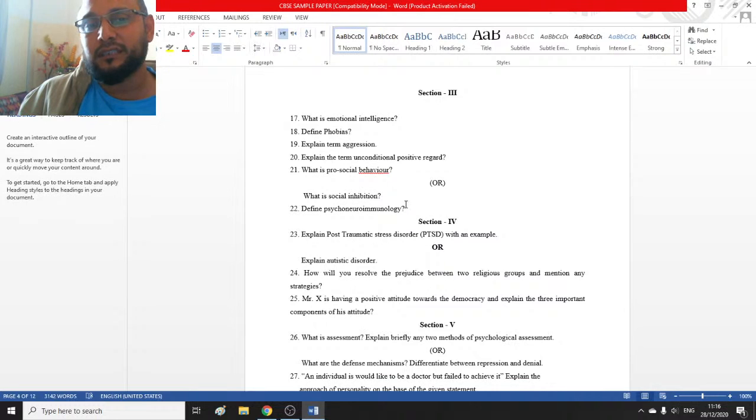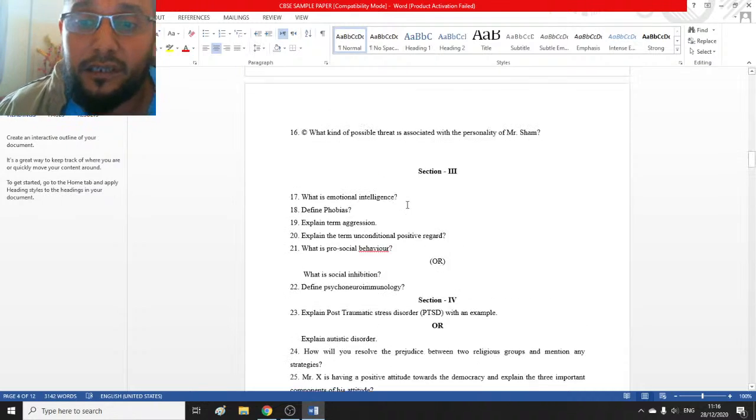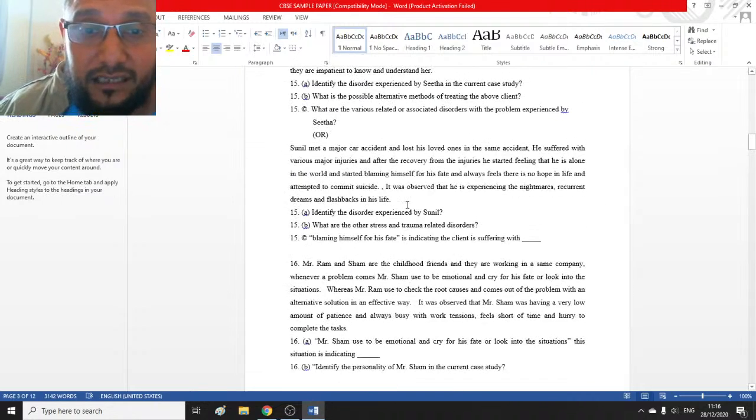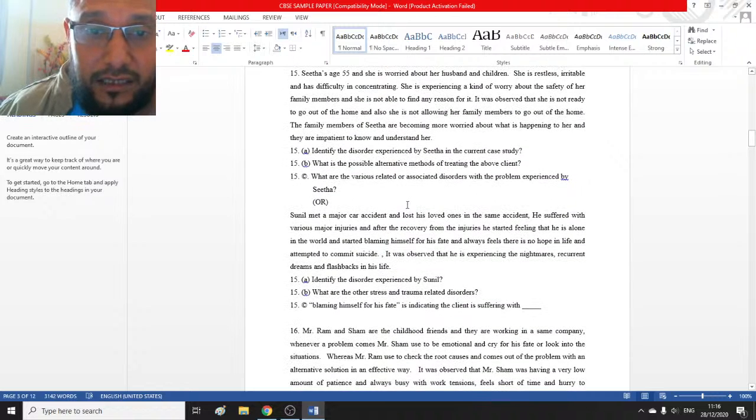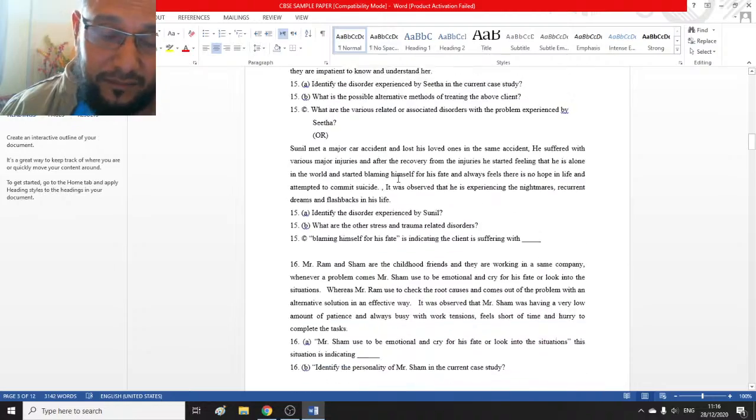Agoraphobia, if you see here, agoraphobia is the fear of unfamiliar situation or places. Like we notice in one of the cases also, there is an agoraphobia related with the GAD here. You see Sita's case, I'm sorry.